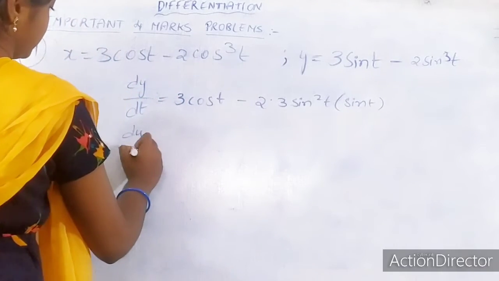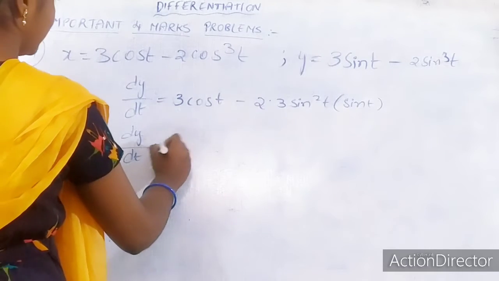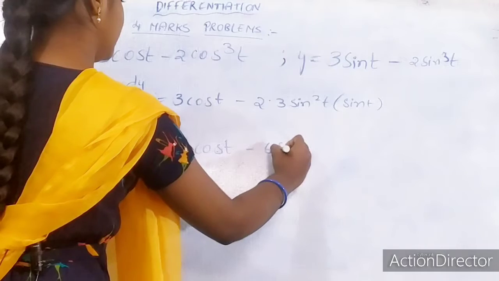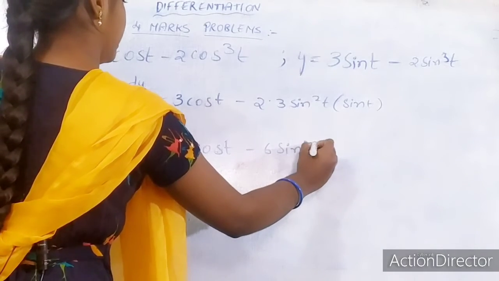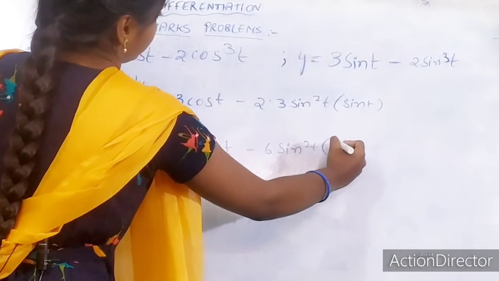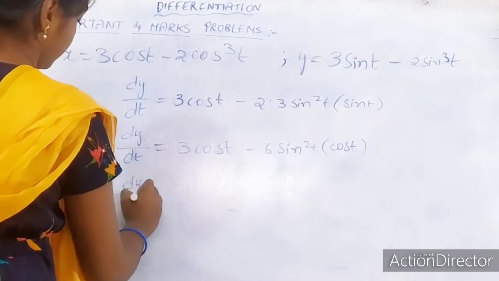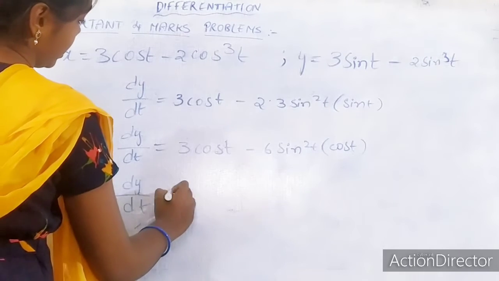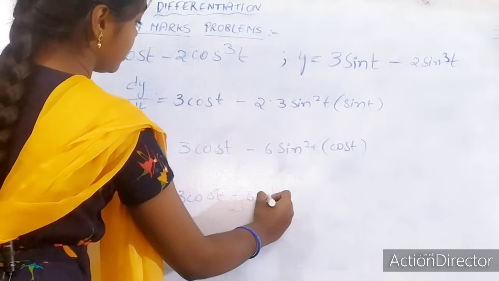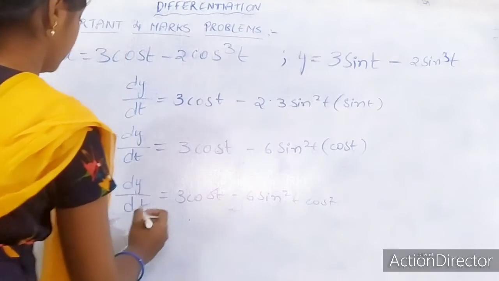So dy by dt is equal to 3 cos t minus 6 sin square t into the derivative of sin t, which is cos t. dy by dt is equal to 3 cos t minus 6 sin square t into cos t.